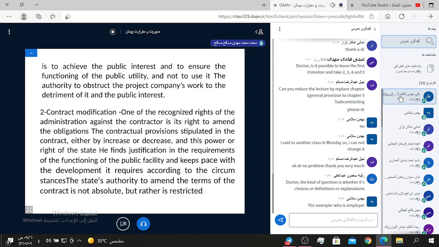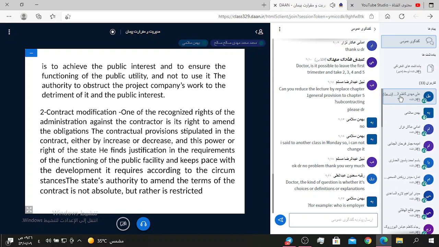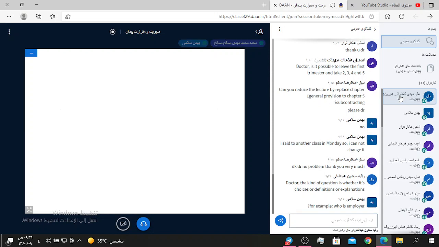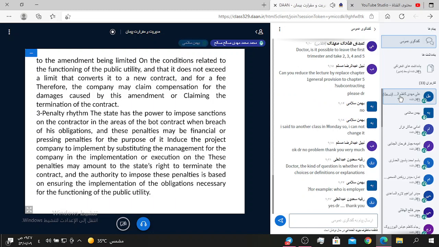The state's authority to amend the terms of the contract is not absolute but rather is discretionary, the amendment being limited to the conditions related to the functioning of the public authority, and it must not reach a limit that converts it to a new contract.